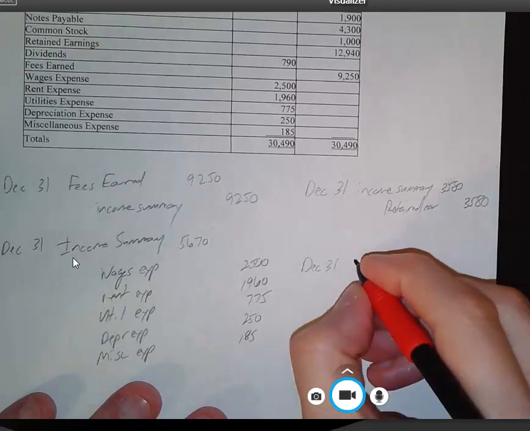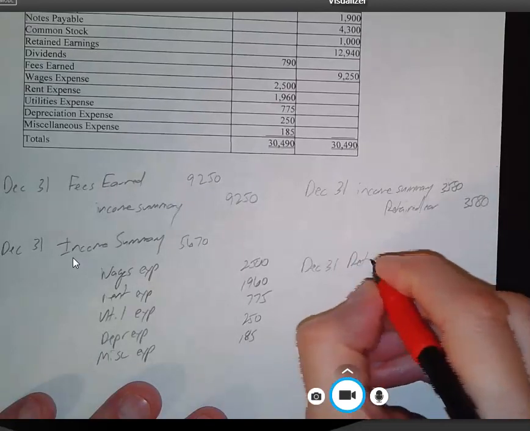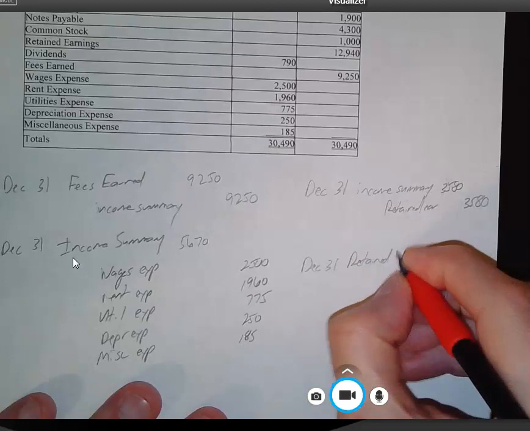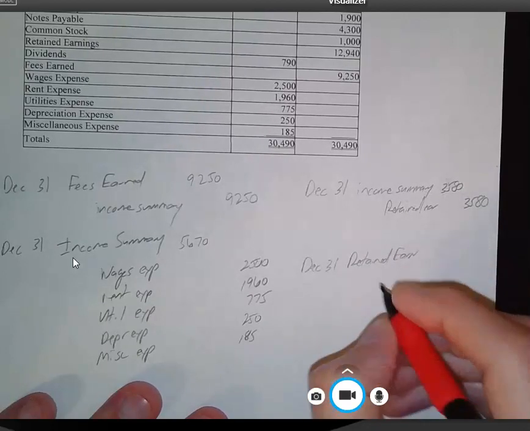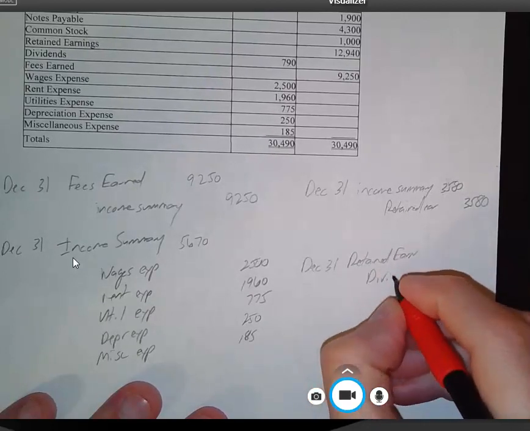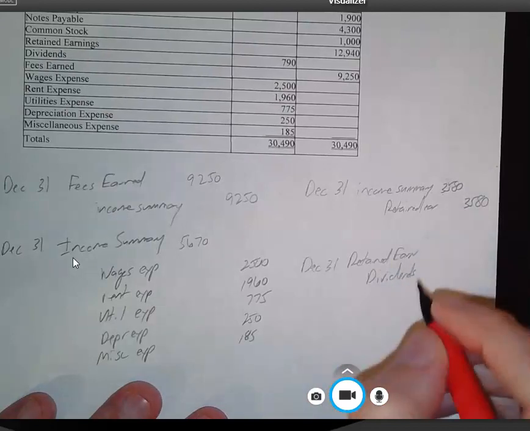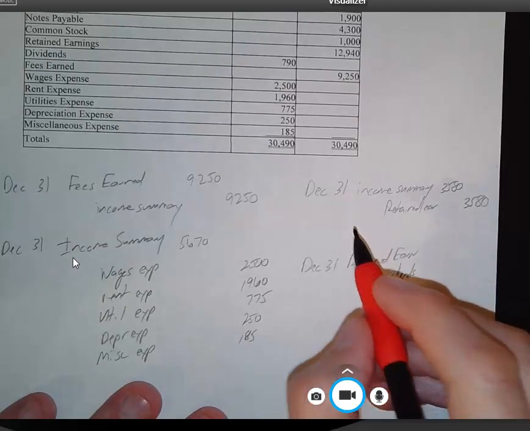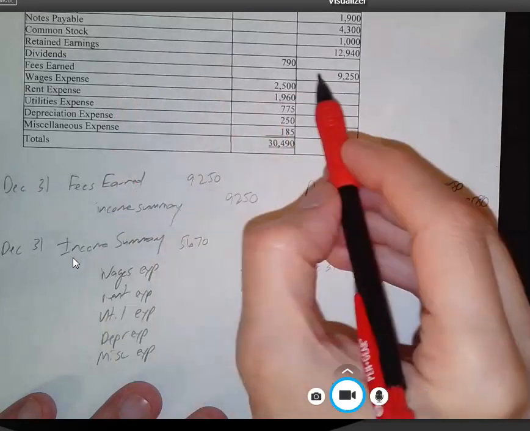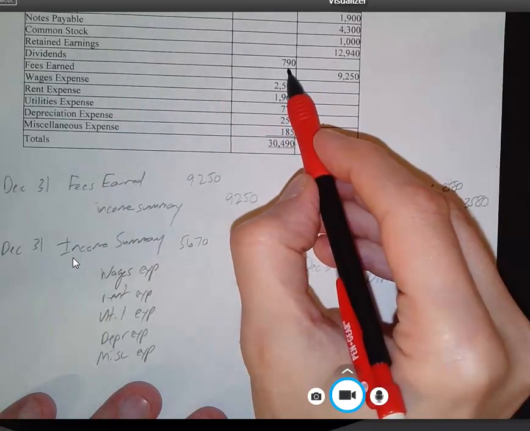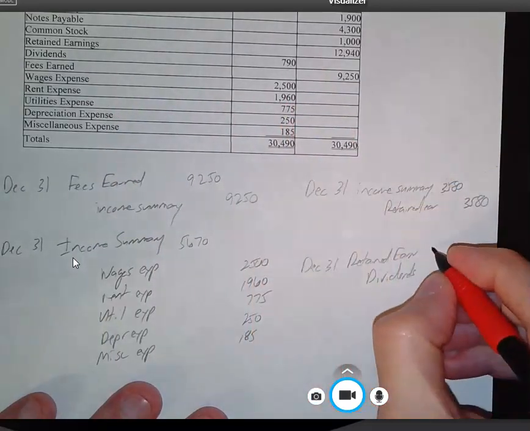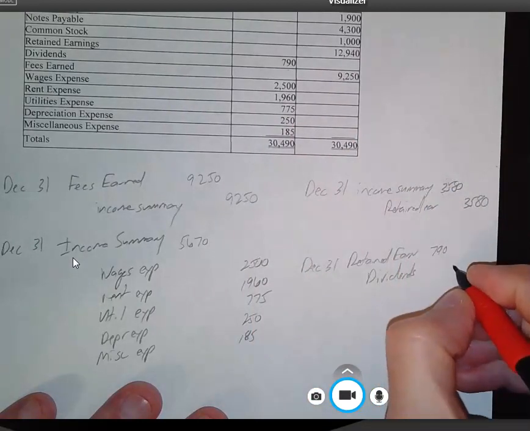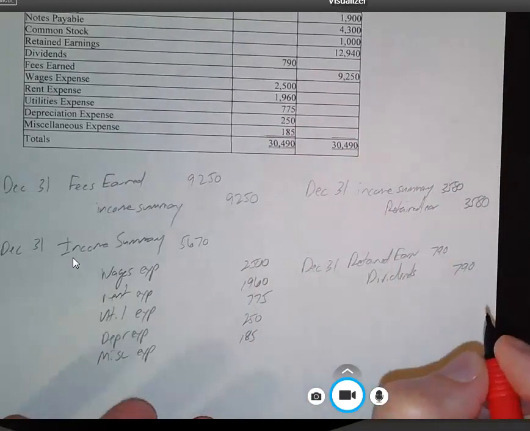Now what we're going to do is debit retained earnings, and we're going to credit dividends. And the amount is, let's see, right up here, $790. So this entry lowers our retained earnings.